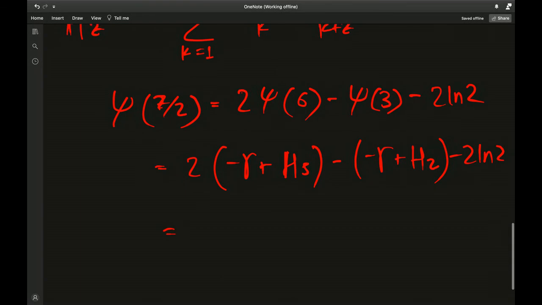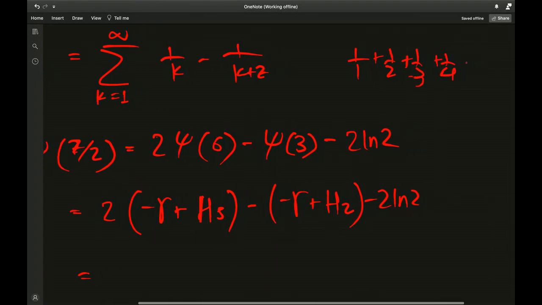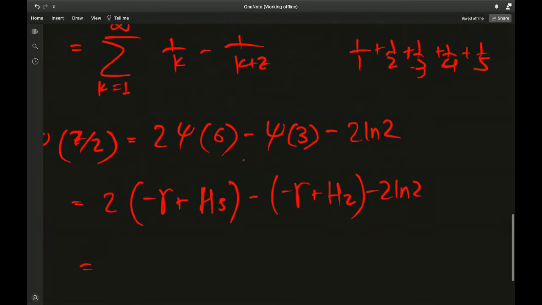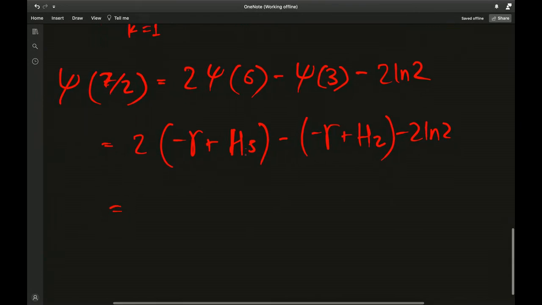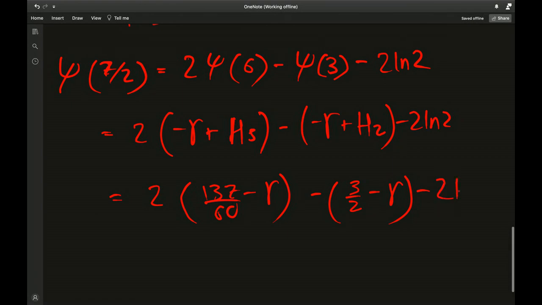You evaluate that, because the 5th harmonic number is just simple: 1 over 1 plus 1 over 2 plus 1 over 3 plus 1 over 4 plus 1 over 5. You can add that. This is way easier to work with than just digamma raw. So you finally get to the answer of 2 times 137 by 60 minus Euler-Mascheroni, minus 3 over 2 minus Euler-Mascheroni, minus 2 times natural log of 2.